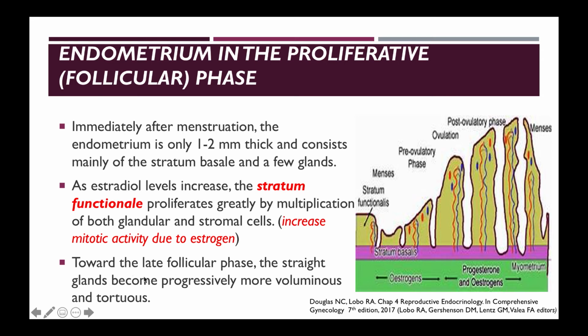Now, towards the late follicular phase, the glands become progressively more voluminous and tortuous. In other words, during the proliferative phase, the endometrium proliferates or increases in thickness. Okay, that's what basically happens during the first half of the cycle or the proliferative phase in the endometrium.